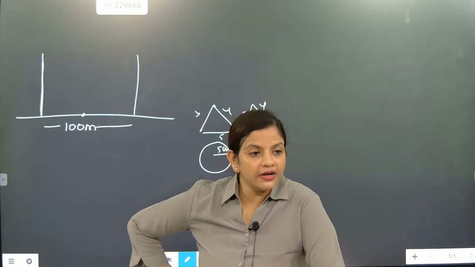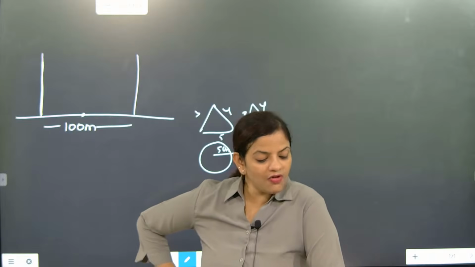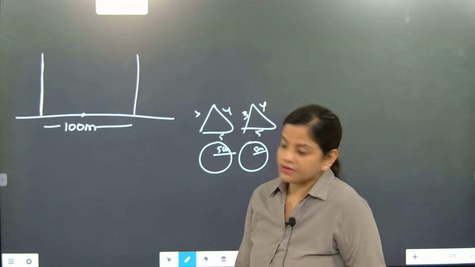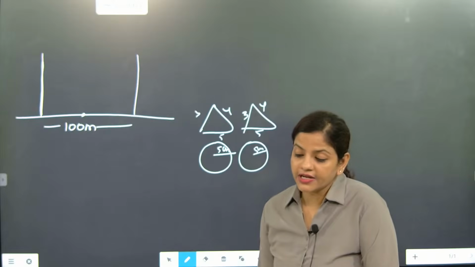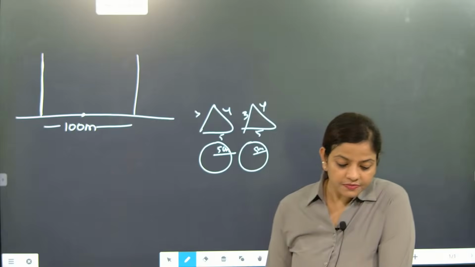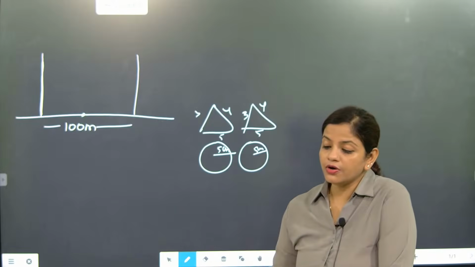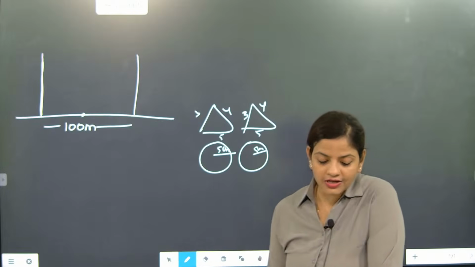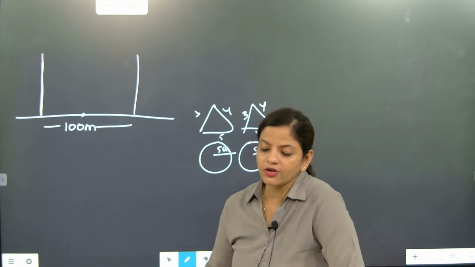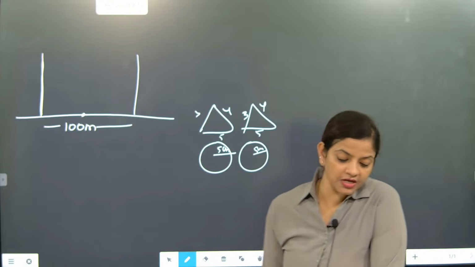The angle of elevation of the top of pillars are 60 degree and 30 degree at a point on the road between the pillars.